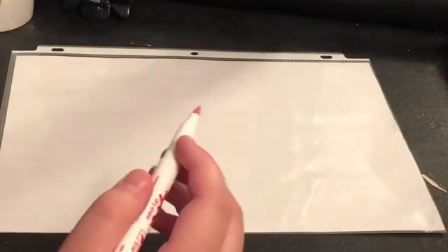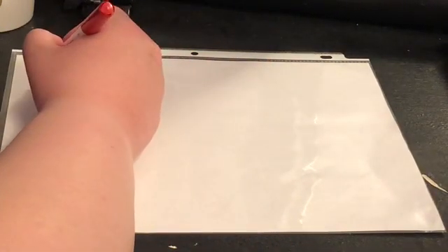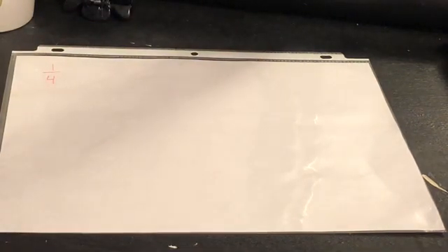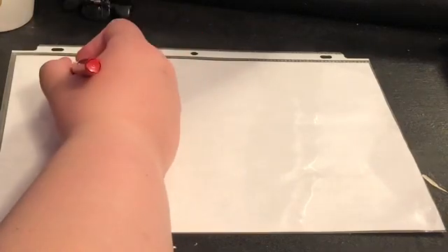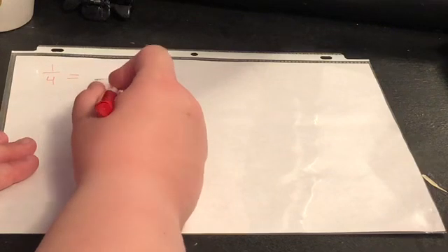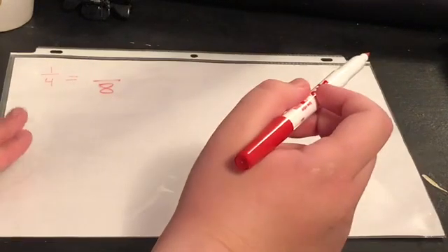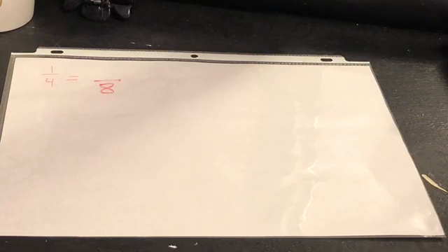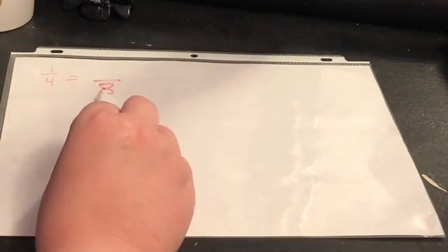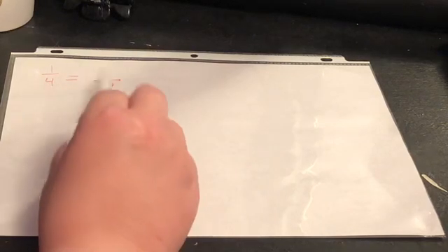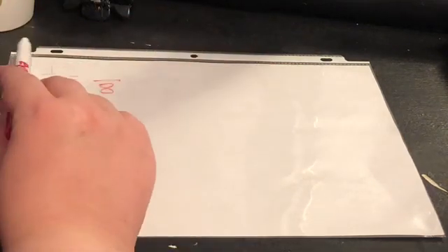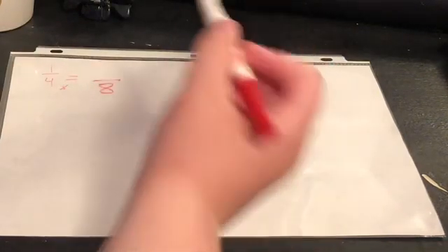So we'll go ahead and start with the first example. We'll do 1/4 is equal to blank over 8. Okay? Well, if we know that we have to get to 8 from 4, what do we have to multiply 4 by to get 8? 4 times 1 is 4. 4 times 2 is 8.